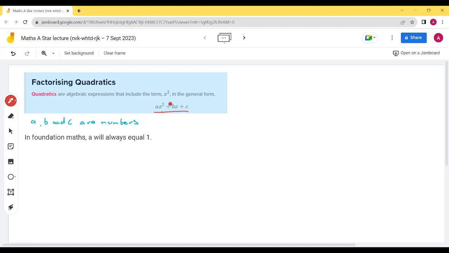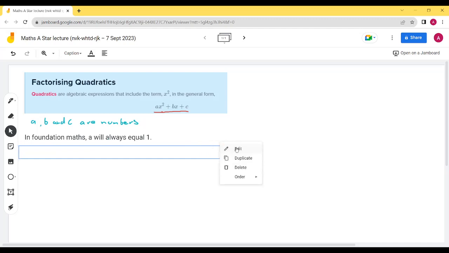And to say, in foundation maths, a will always equal 1, so you're always going to see the equation starting with just x squared. And so, therefore, to factorize a quadratic, in effect, what we do is put it into double brackets.